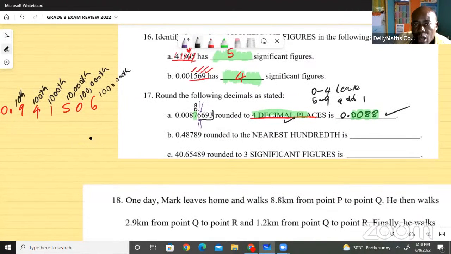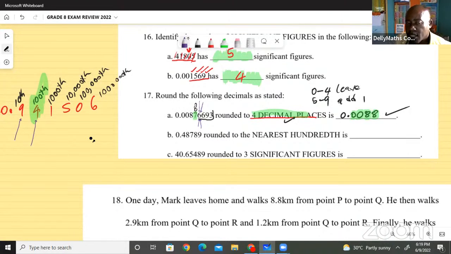So now talk about the 100th. Look where the 100th is. The 100th actually means the second number in your decimal. The 4 is in the first spot, and we call that the 10th. And the second spot is the 8. We call that the 100th.